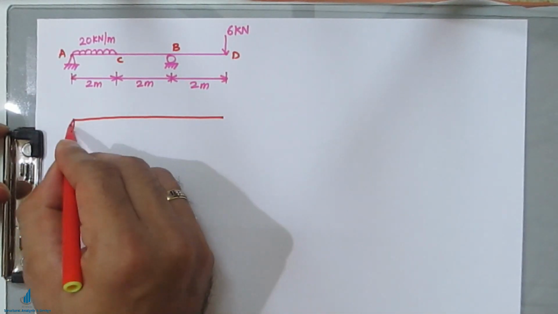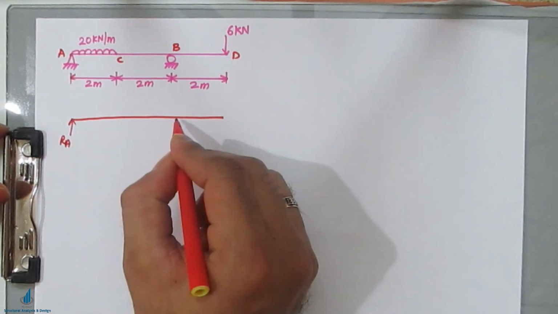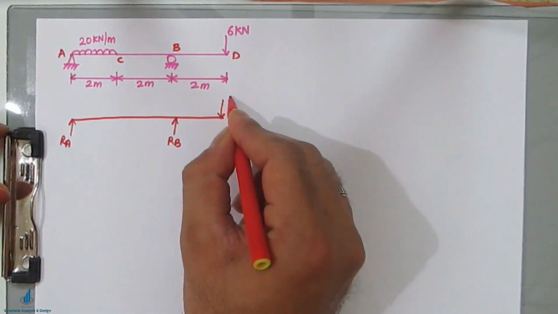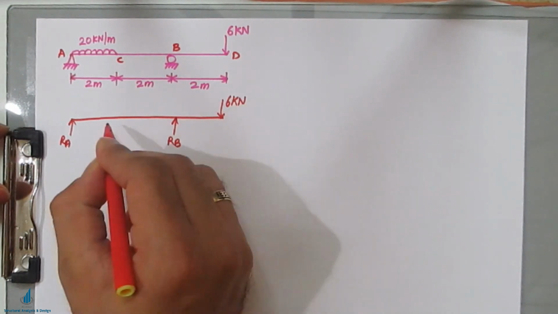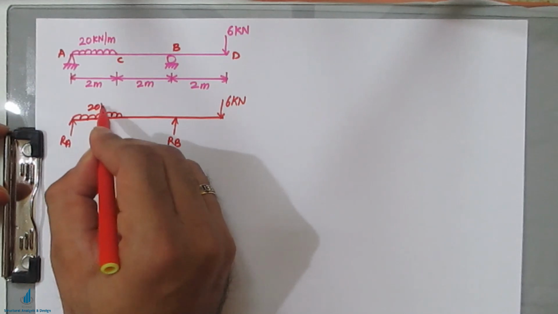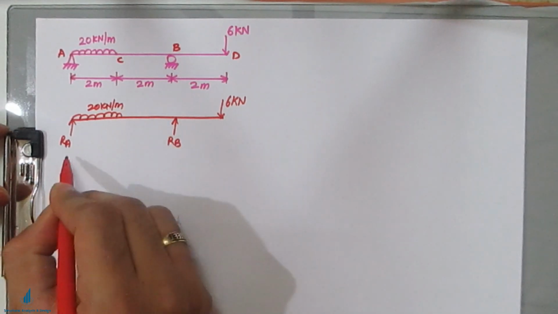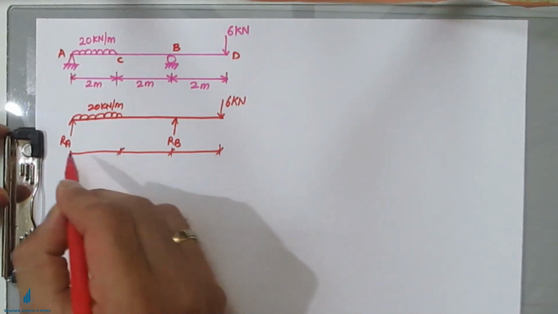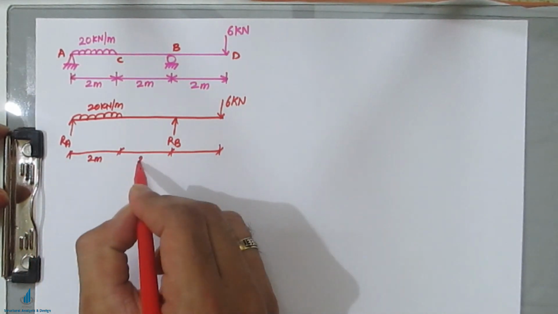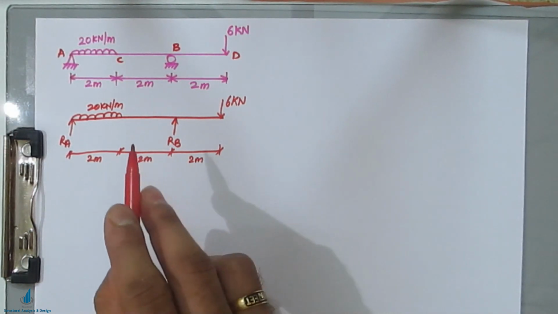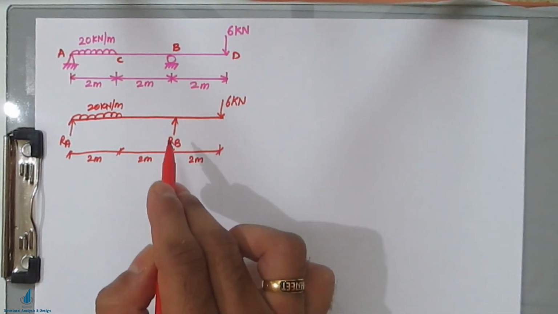This will be RA, this will be RB, this is the overhang portion with 6 kilonewton, this is your UDL of 20 kilonewton per meter, and these are the spans 2 meter, 2 meter and 2 meter. So this is the free body diagram of this beam.